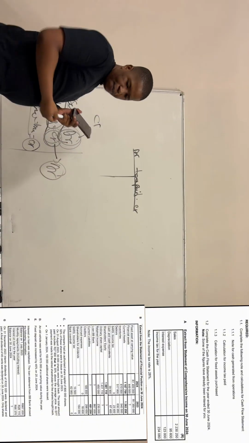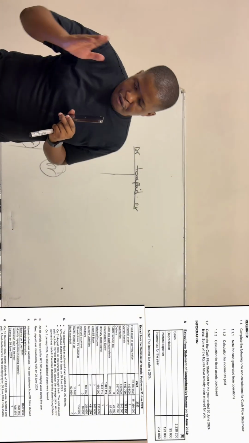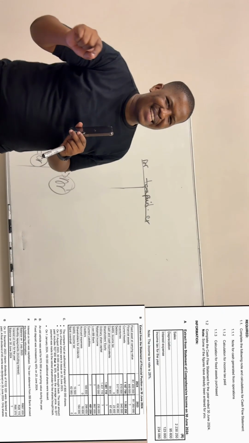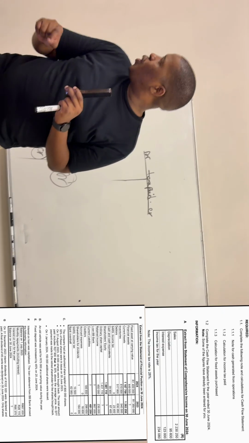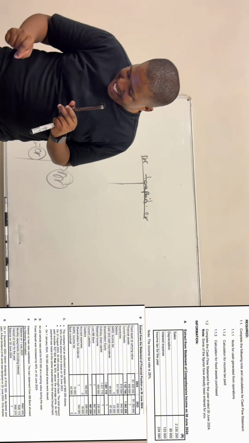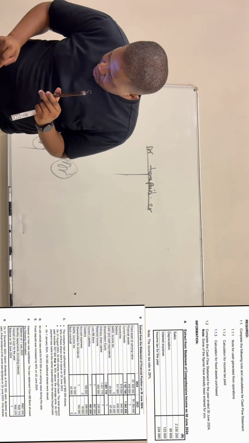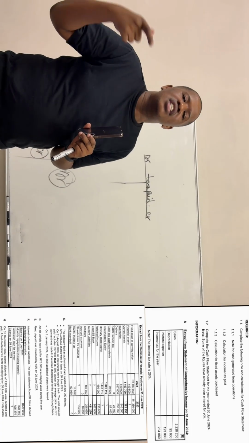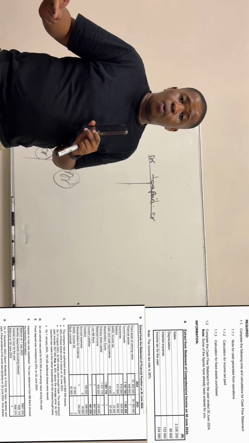Now, let's start. We look at information B, focusing on 2023. In 2023, is our SARS income tax an asset or a liability? In 2023, our income tax is an asset. An asset of 23,400. What is the original side of an asset? The debit side.